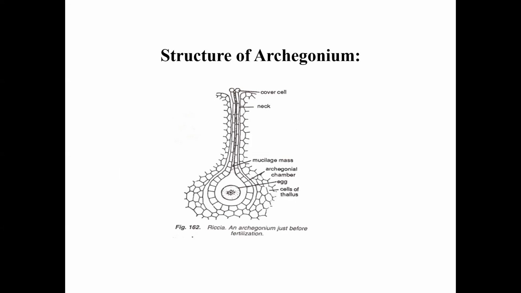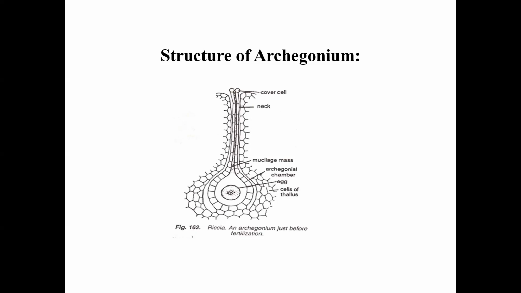Then the structure of the mature archegonium. The archegonium is a flask-shaped body attached to the thallus by a short stalk. It consists of an elongated neck and a bulbous venter.